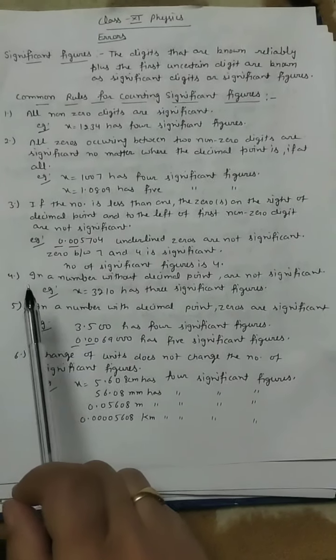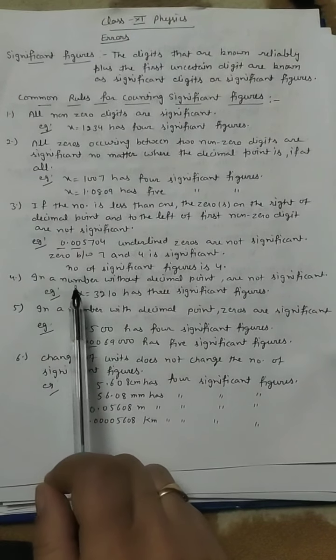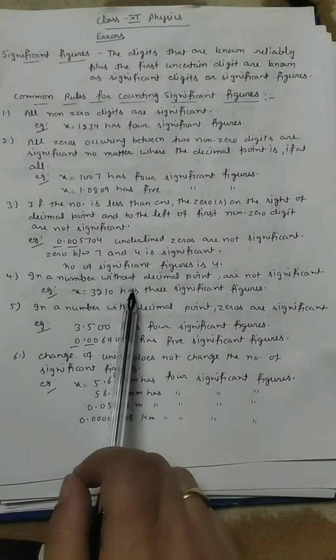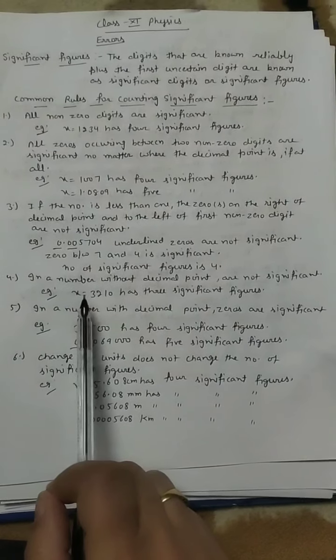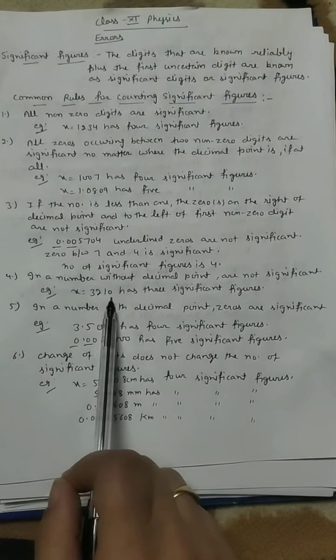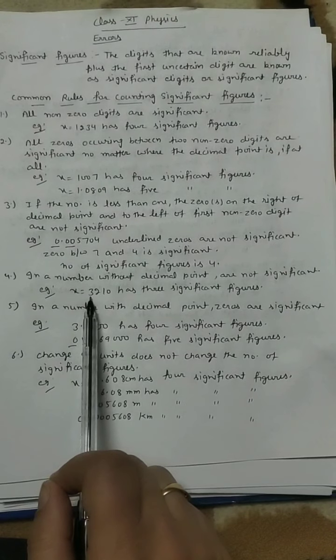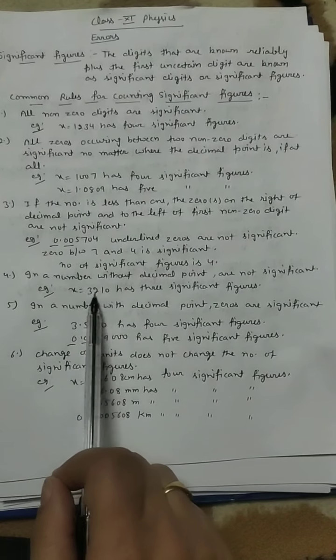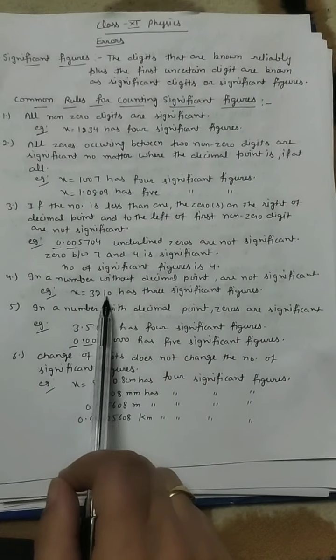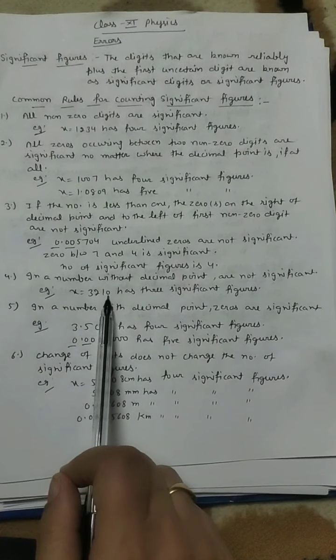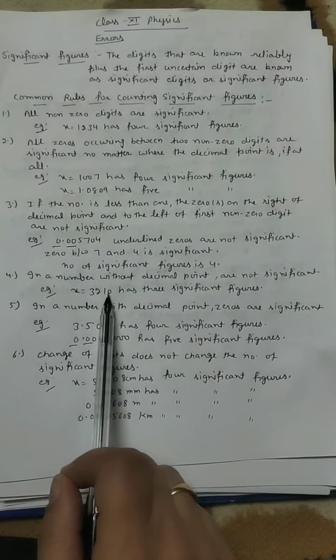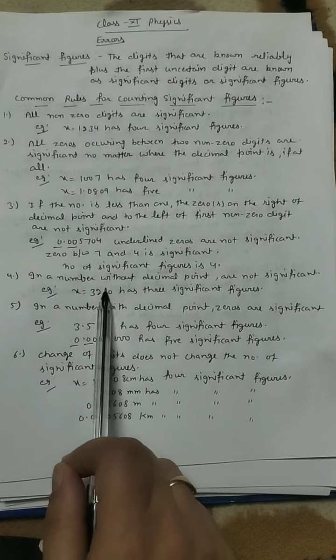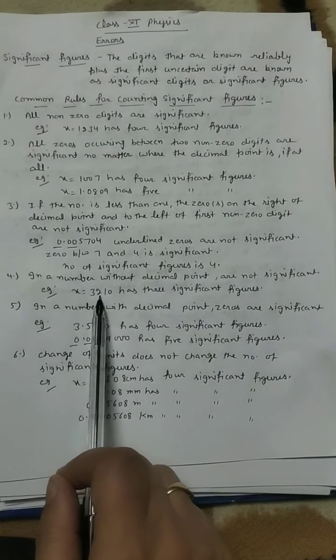Okay, understand? The next rule: zeros in a number without a decimal point are not significant. If we take the example 3210, with no decimal, the zero in this position is not significant. So in this number we have only three significant figures.